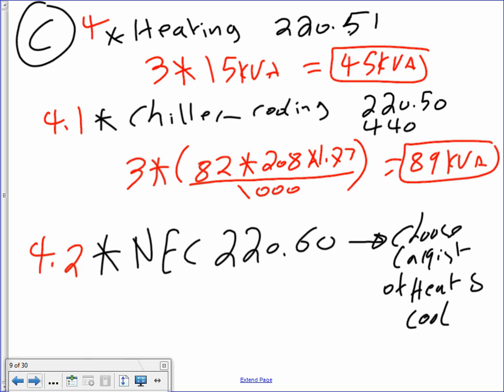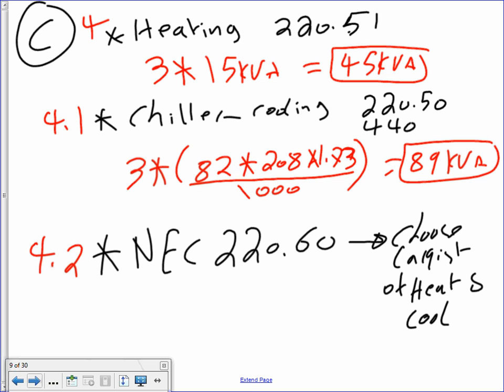Why did I divide by 1,000? Because everything we're adding is in kVA. Is that 1.73? Yep, 1.73. Anybody know why we divide by 1,000? Because when you find the volt amp, it has to be kVA. We're adding everything in kVA. Then step 4.2, guys, says NEC 220.60.